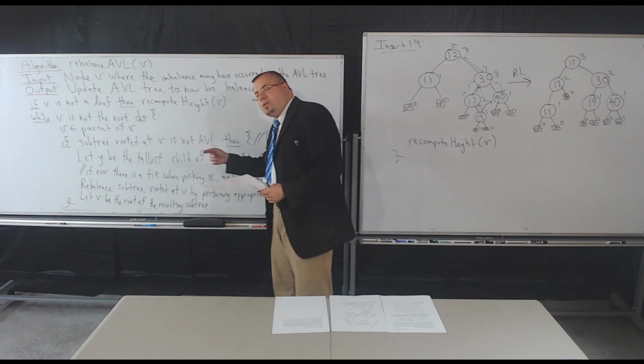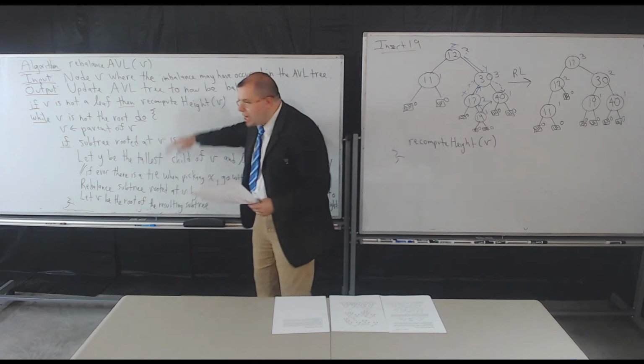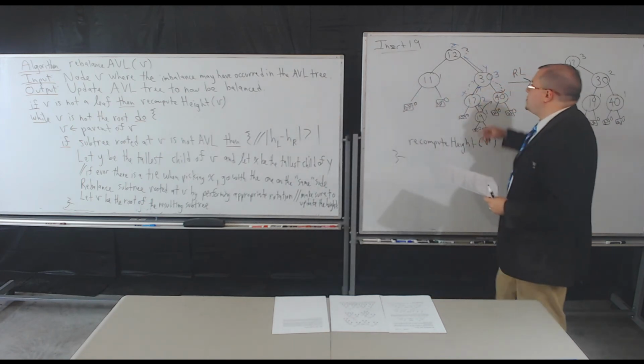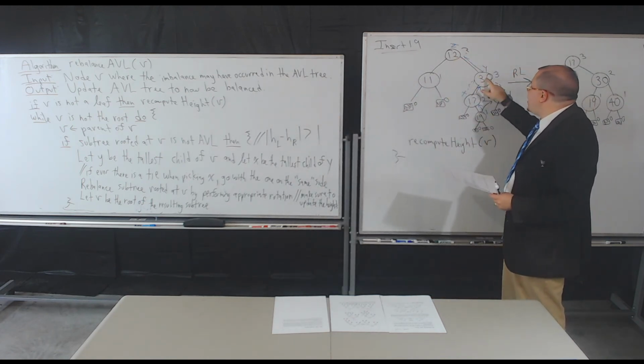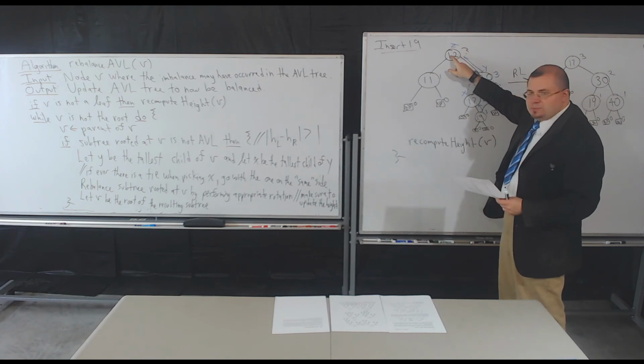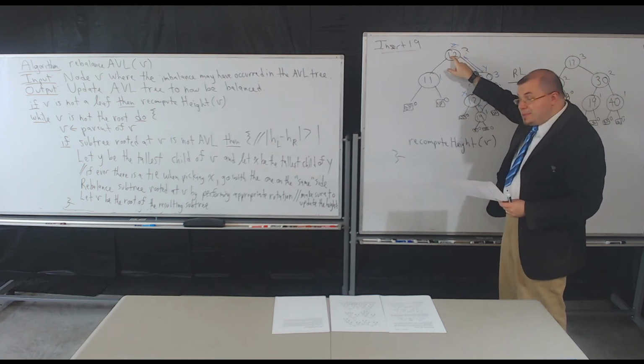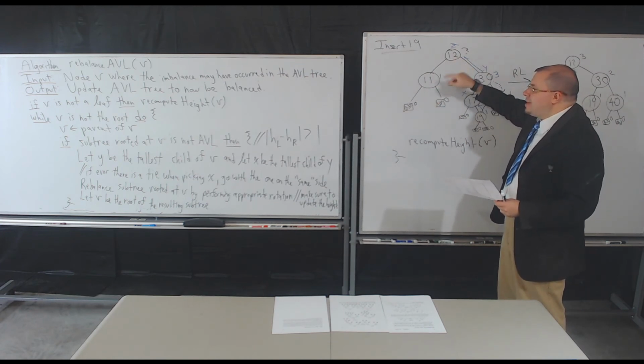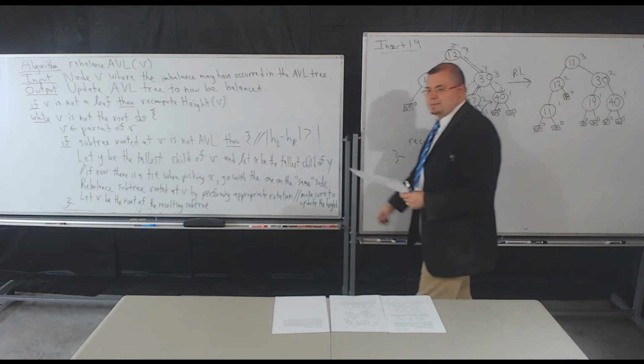It's not the other way around. So I check the node before I check that condition there. So I would have moved up and checked the height balance property here, and then it becomes the root. So I know it is the root, so that's how I know it's going to finish.